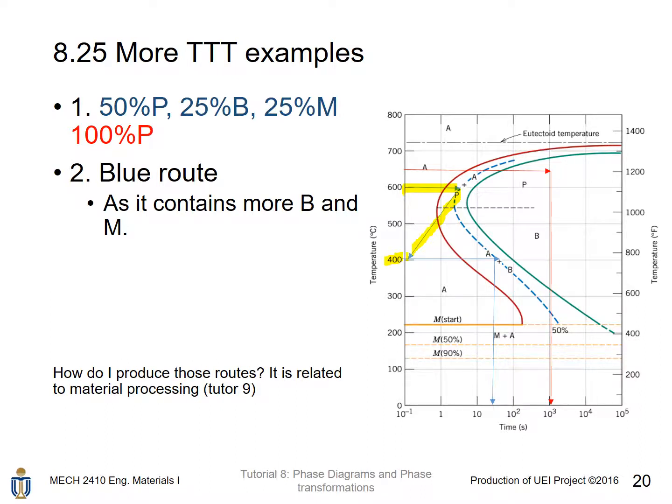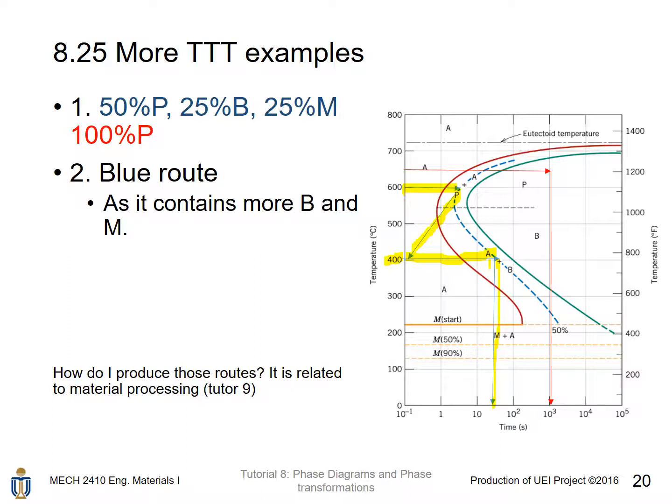That's why 50% of the 50% austenite will change to bainite according to the third line here. And the rest of them, according to this curve, will change to martensite.